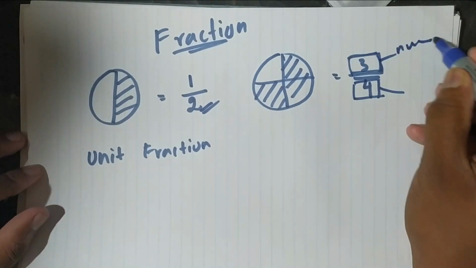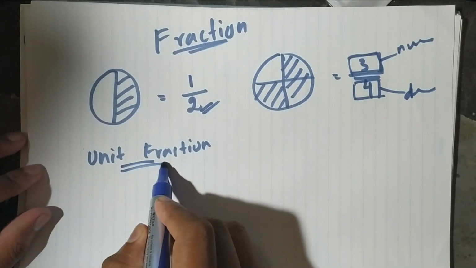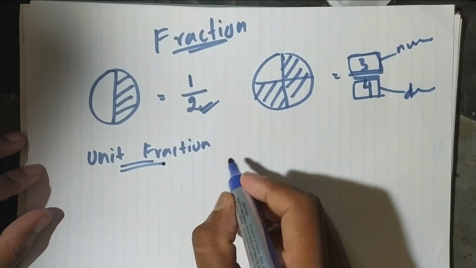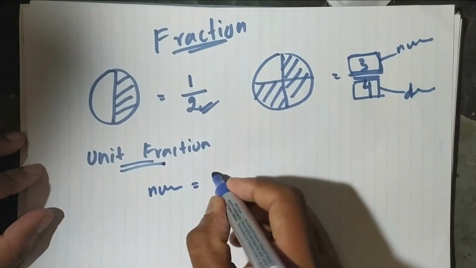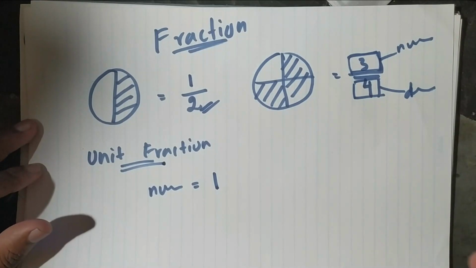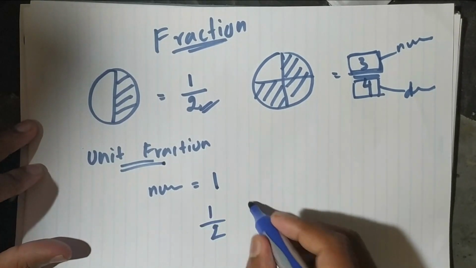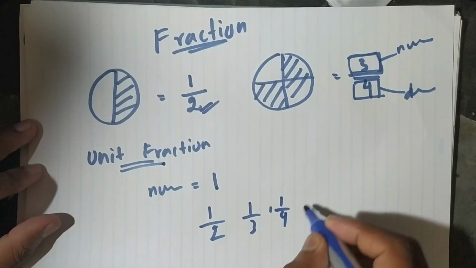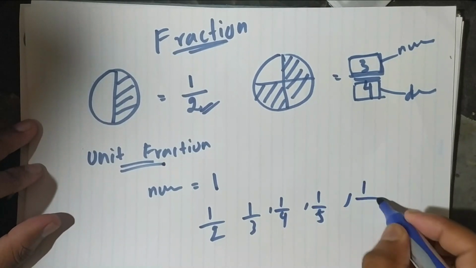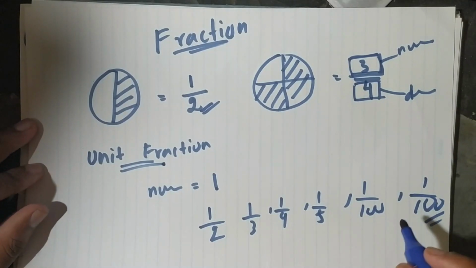So this one is the numerator and this one is the denominator. Unit fraction means if the numerator is equal to 1, those fractions we call unit fractions. For example, 1/2 is a unit fraction. 1/3, 1/4, 1/5, anything, 1/100, 1/1000, all these are what we call unit fractions.